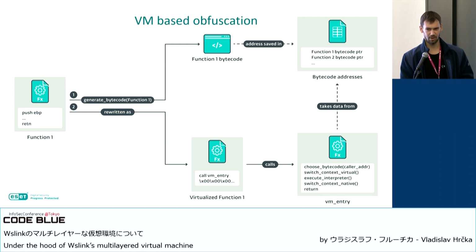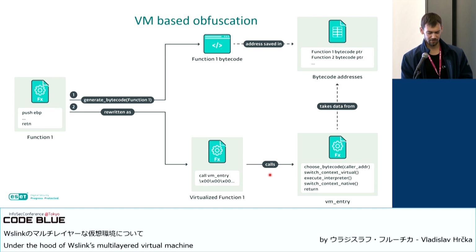So we need to have our custom VM there, and then when we take a function, we need to translate it to the instruction set that our VM understands, generate bytecode of that, and then store the address of the bytecode somewhere inside of the executable, and replace the original function with a call to our custom VM, and remove the rest of the original instructions.